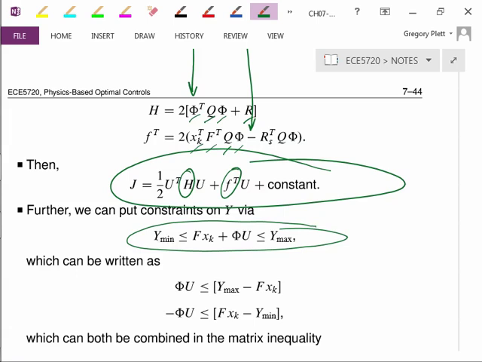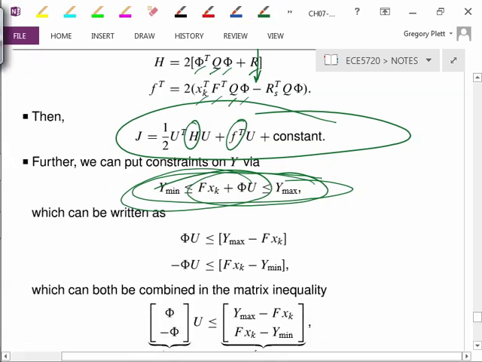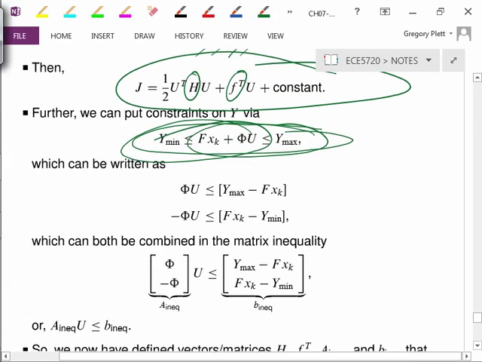And we can rearrange this to write the y max condition as looking at this, saying that phi times u is less than or equal to y max minus fx, and then looking at the other side, that minus phi u is less than or equal to fx minus y min. And we can combine both of those in a matrix inequality.